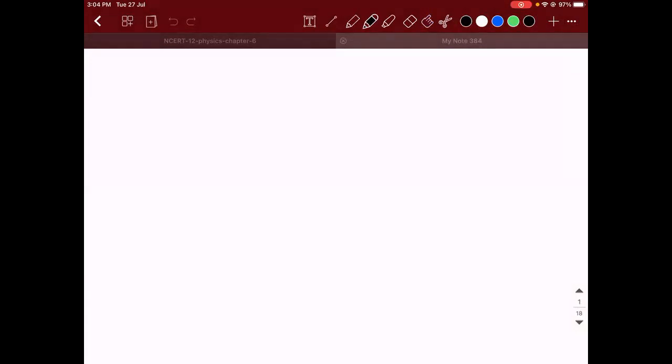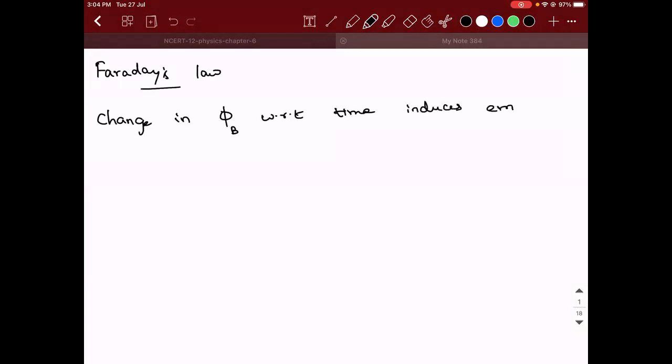See, yesterday we did some problems based on Faraday's law, right? So what does the law state? It states that change in magnetic flux with respect to time induces EMF.